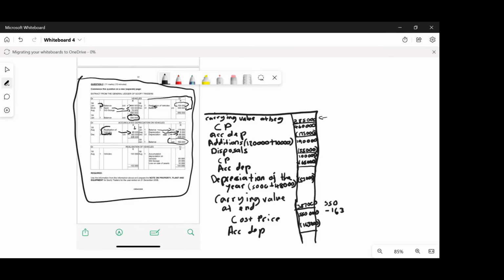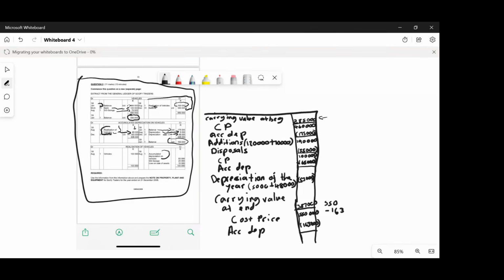Second step, check if depreciation for the asset being sold is calculated up to date of sale. If not, you calculate. After that, you transfer the accumulated depreciation of that asset to the asset realization, by debiting accumulated depreciation, which is what they did here, and then crediting asset realization, which is what they did right here.